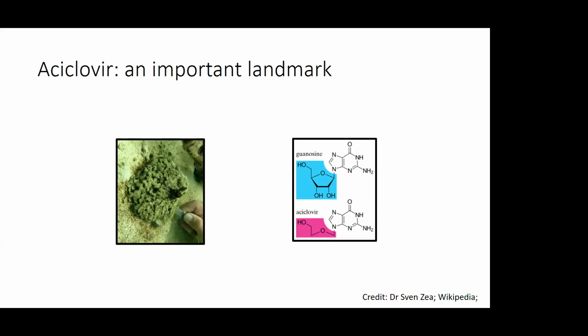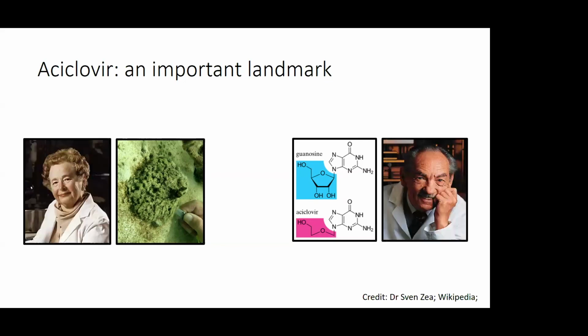The way acyclovir was developed took a decade or so, but these two people, Gertrude Elion from New York and George Hitchings from the Wellcome Lab in Kent in England, among others, really worked on this.